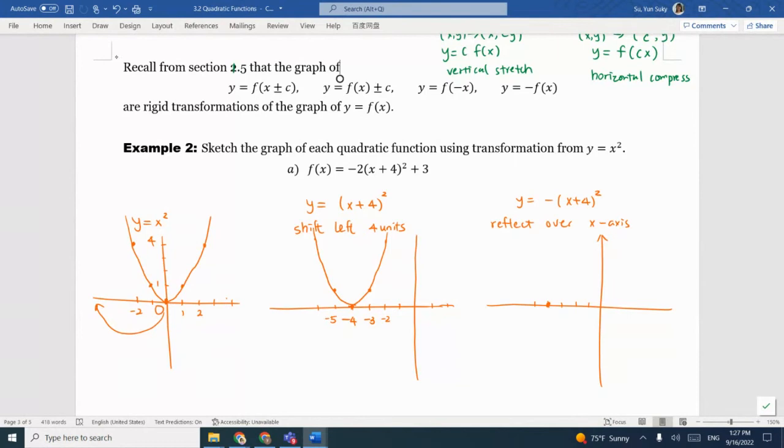So -5, we flip down, we get (-5, -1). -3, we also flip down. And then -2, we flip it down there, so this is -4. And also here we have -4. And we connect them.